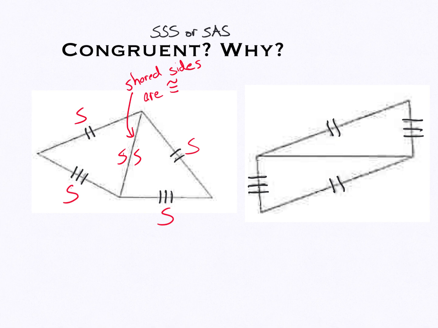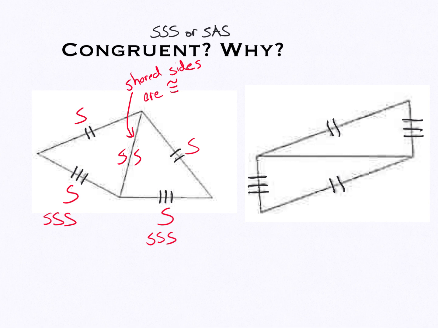Okay? Then once we have it all labeled, we need to see what letters we have. So on that left triangle, I have three S's. So I have S, S, and S. And then on the right triangle, we have an S, S, and S. Are those the same? Like, do they both have the same letter order? Yes.